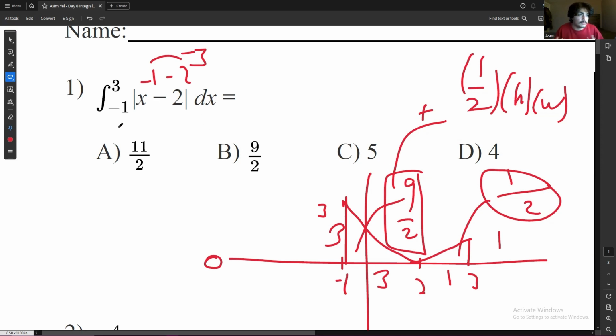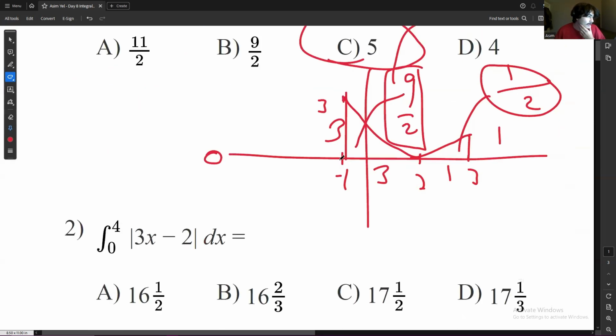The integral means the area under a graph, and since we have a linear graph, we can find the area by drawing it, which makes it much easier in linear functions like this. So 9/2 plus 1/2 is going to be 5.